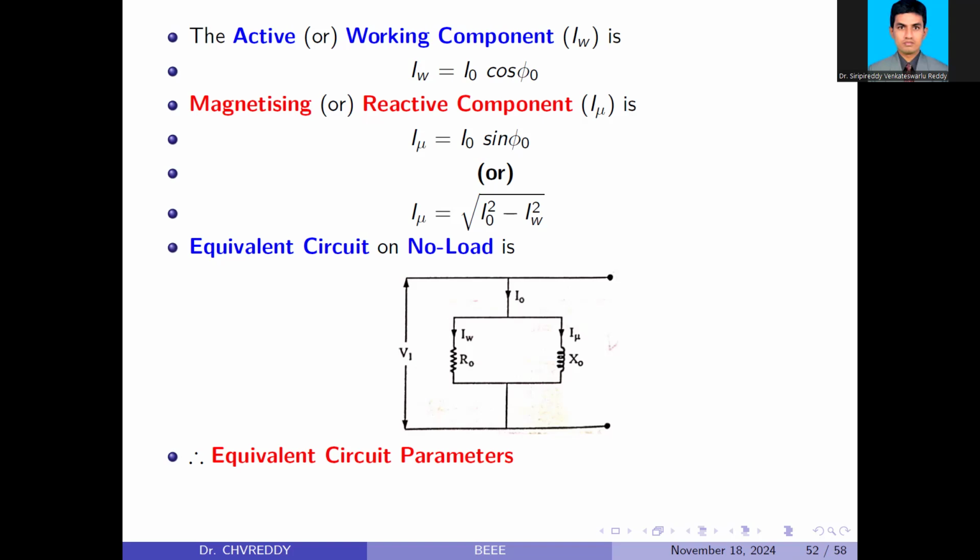The third parameters, the equivalent circuit parameters, are R0 equal to V1 divided by Iw and X0 equal to V1 divided by I mu. Knowing the active working component, we calculate R0. If you know the magnetizing reactive component, then we calculate X0.